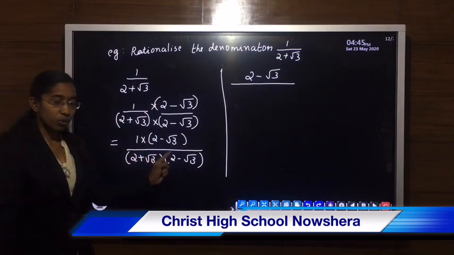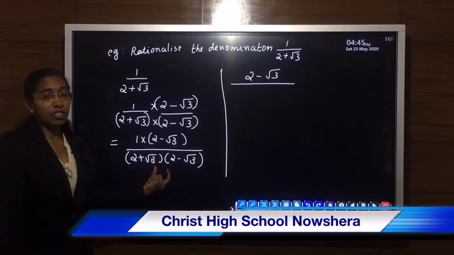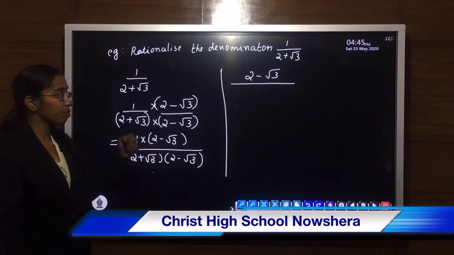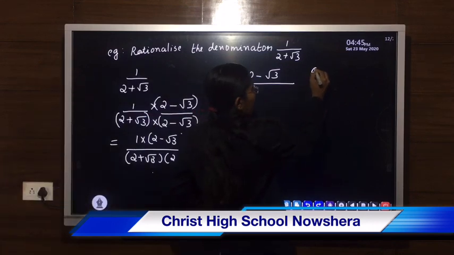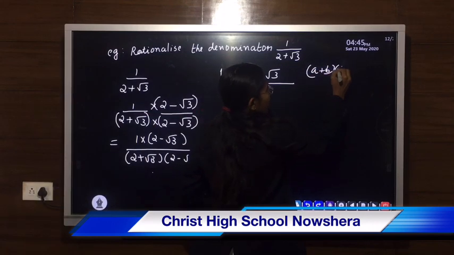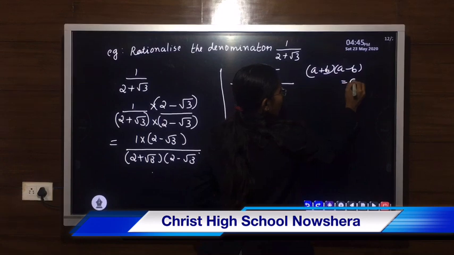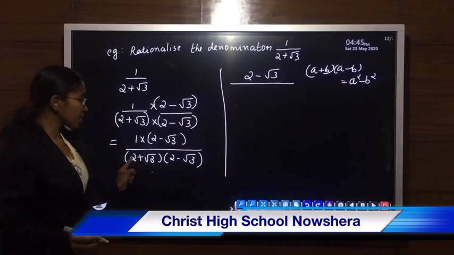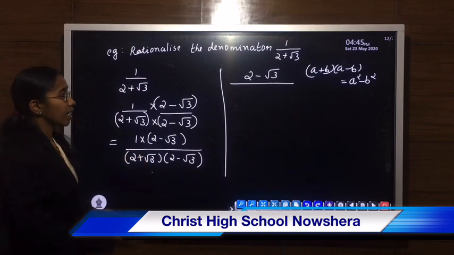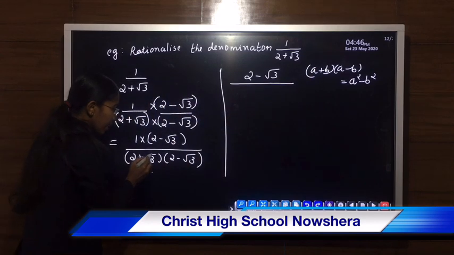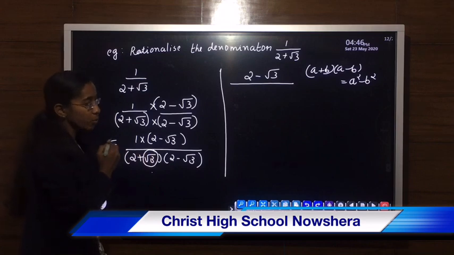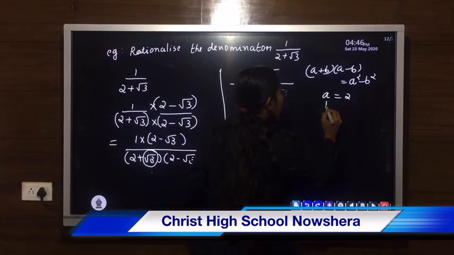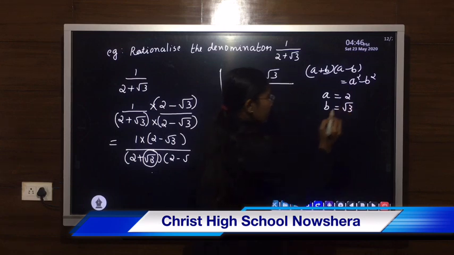This is in the a plus b into a minus b form. What is a plus b into a minus b? A plus b into a minus b is a square minus b square. Here a is equal to 2 and b is root 3.